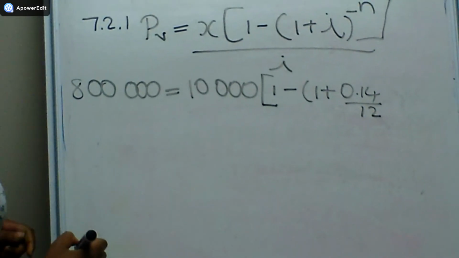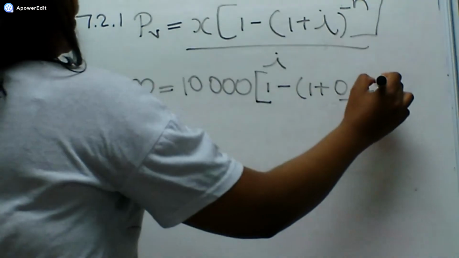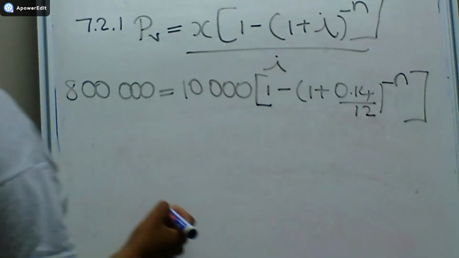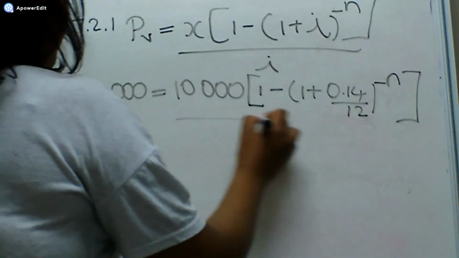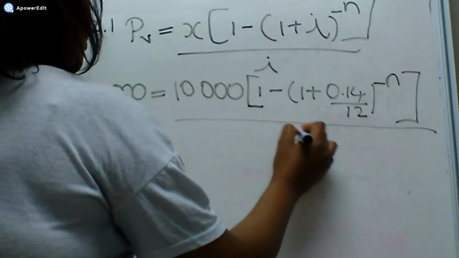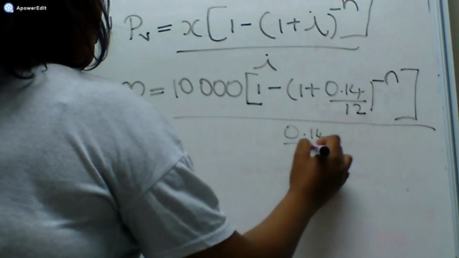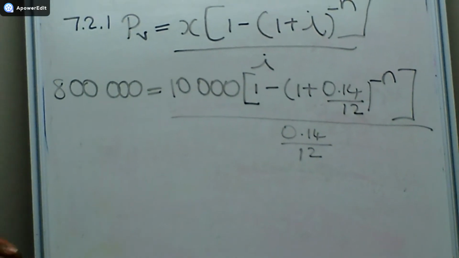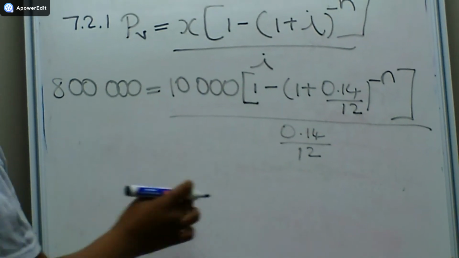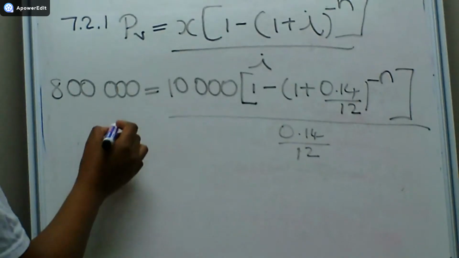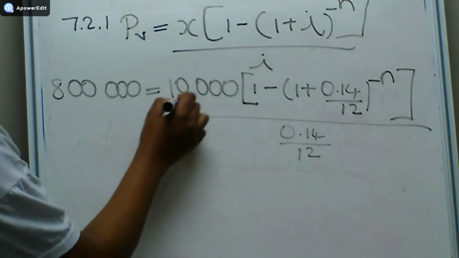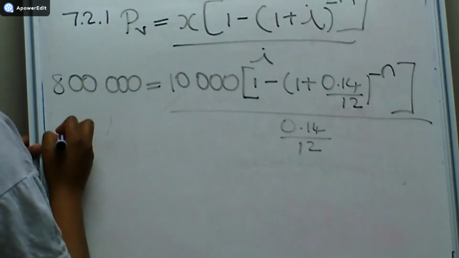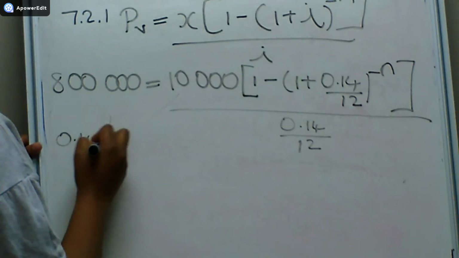And so what I'm doing here is I'm just going to substitute all the values. Be careful to know which one is your present value and which one is your future value. And in this case, your present value was 800,000, and the x, which is the payment, is 10,000. So you just substitute the 10,000 as well, and open bracket 1 minus open bracket again 1 plus 0.14. 0.14 is the 14% that was given.